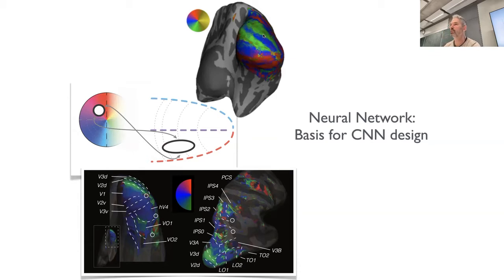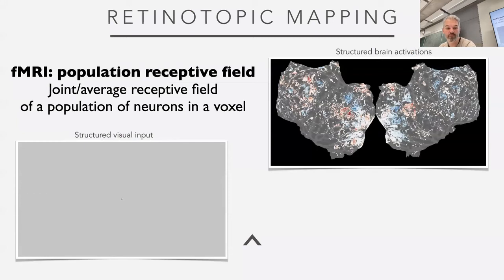What I'm going to talk about now is how we can take that idea of the receptive field, of finding something in the world that makes the unit of measurement tick and causes an activation, and take it to a human experiment. That's the first abstraction from the receptive field idea, and how we're starting to use it as an analogy.